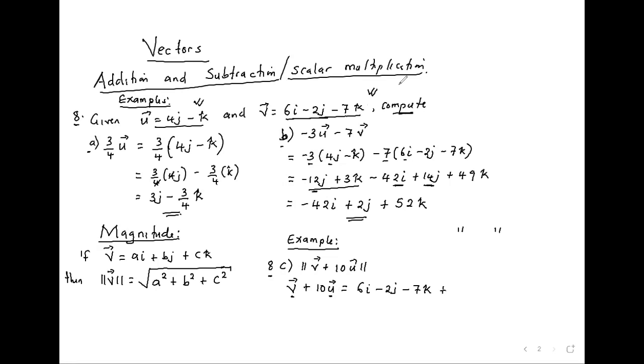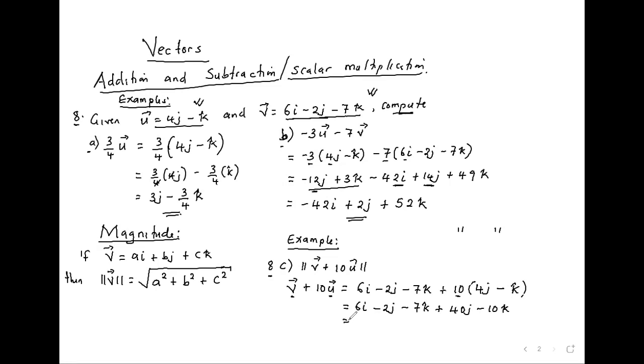So you get plus 10 u. What is u? u is 4j minus k. And then this is 6i minus 2j minus 7k plus 10 times 4, we get 40j minus 10k.